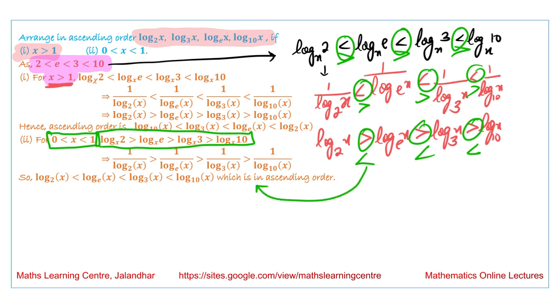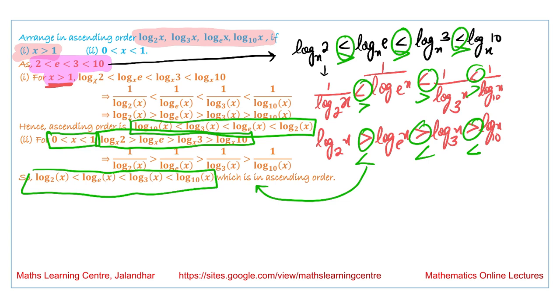So we are saying that this is the ascending order, and in this case this is the ascending order. So it depends upon the value of x. We are saying the region in which it will be monotonically increasing or decreasing.